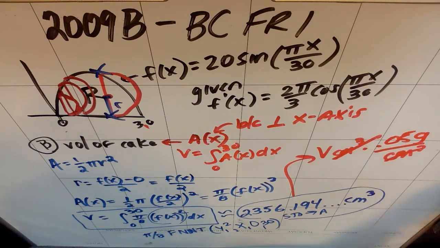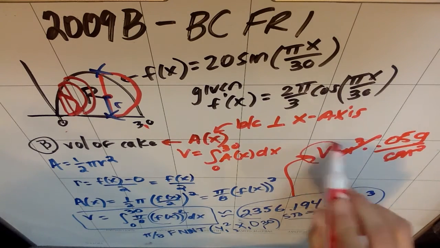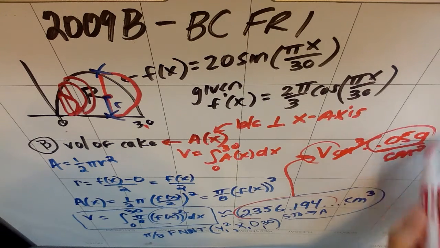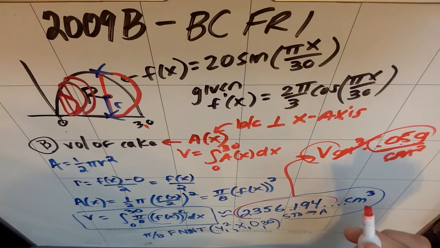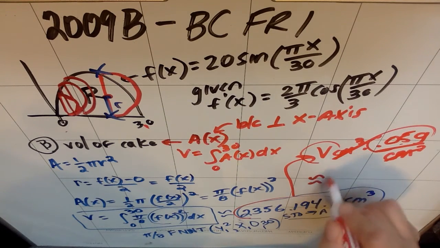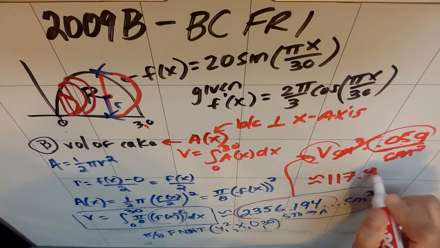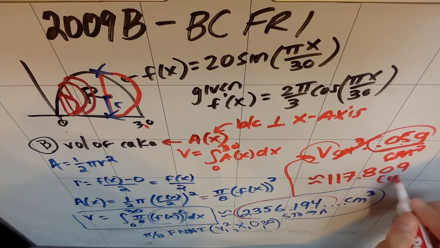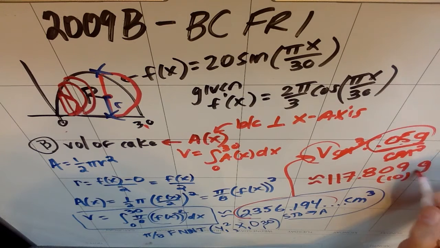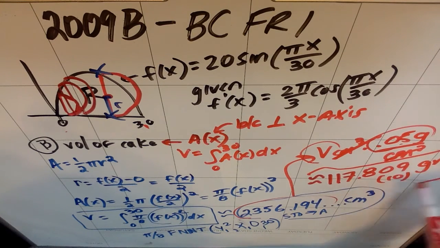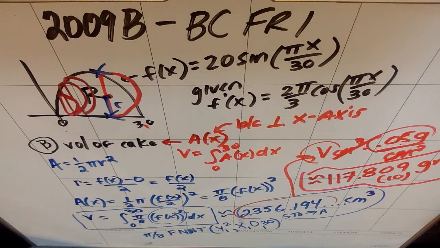The cubic centimeters will cancel, and I'm going to get that this volume times 0.05 should give me my grams of chocolate. So I'm going to get that my answer is 117.809 or 810, depending on if you round or truncate, grams of chocolate. And you could just use G for grams. I wrote out the word grams. Either of those is fine.